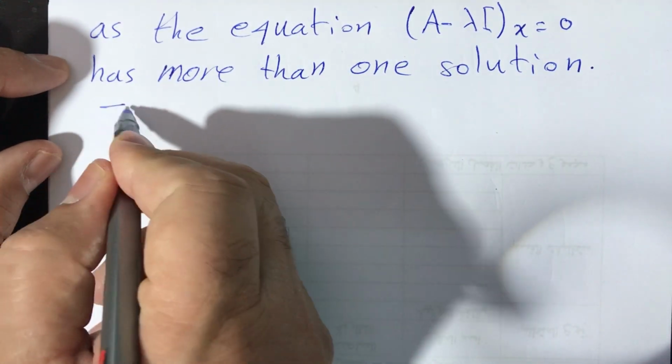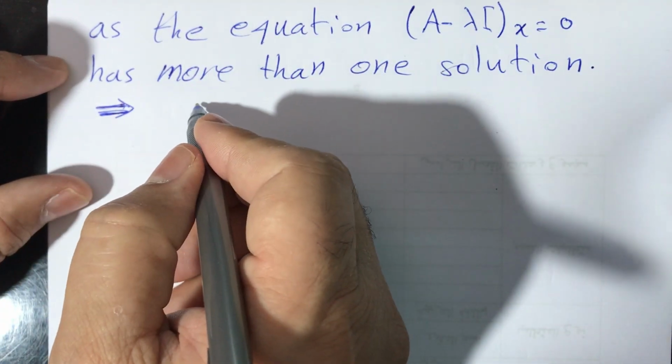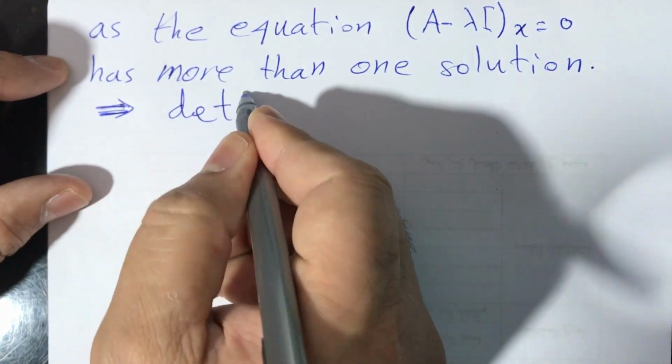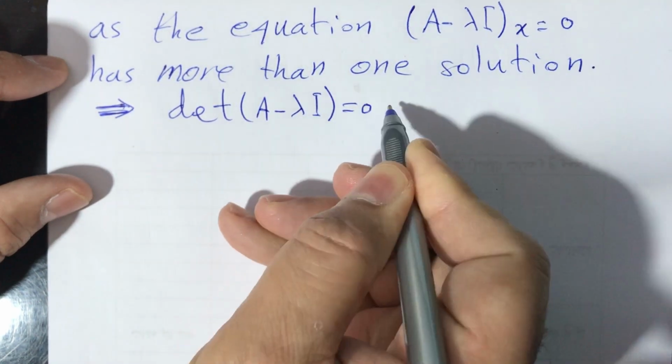This implies the determinant of A minus lambda I is equal to 0.